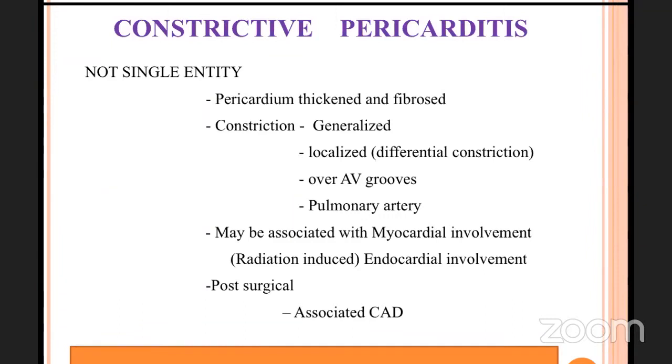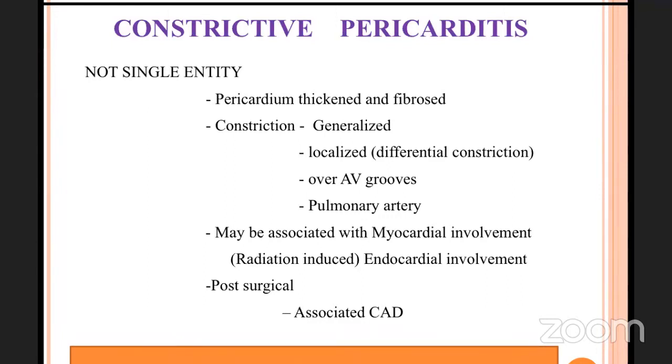But sometimes we do get a constriction that is specifically localized to the AV groove, sometimes over the pulmonary artery. That might give you some idea about why there may be occasional short systolic murmurs in these patients. But by and large, constrictive pericarditis is characterized by absence of any audible cardiac murmurs.